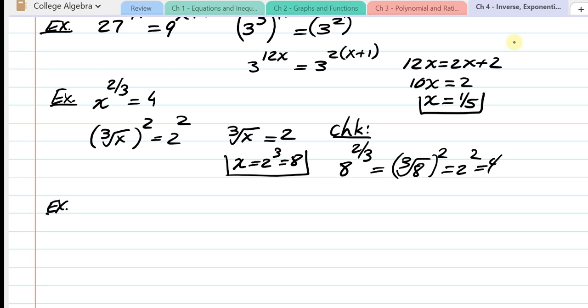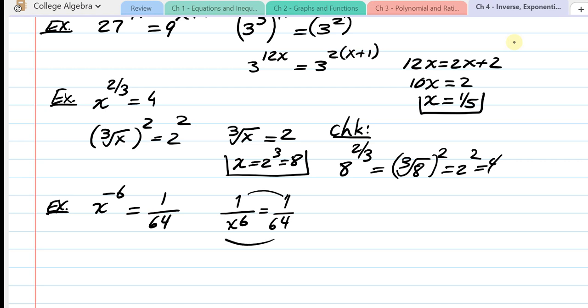Let's take a look at one last equation here. Suppose this time I'm going to make a negative exponent: x to the negative 6 is equal to 1/64. Well, the negative exponent, I can write it as 1/x to the 6 equal to 1/64. Now this time I have a fraction. For these to be equal, because the top is the same, 1 and 1, the bottom must be exactly the same, right?